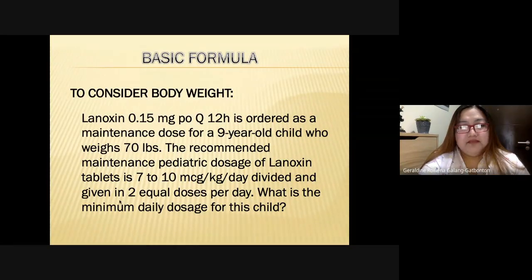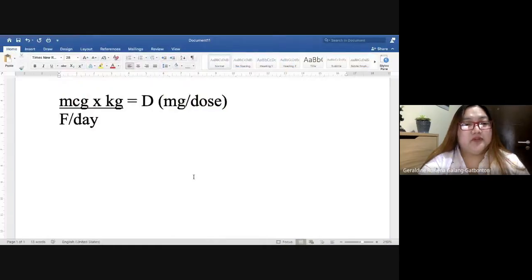What is the minimum daily dosage for this child? Right? Look at this. Lanoxin tablet is 7 to 10 microgram per kilogram per day. Okay? Sinabi na nga dyan 7 to 10. So, ano yung minimum? 7. Alright? So, 7 microgram per kilogram per day.